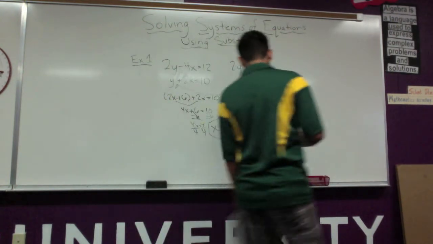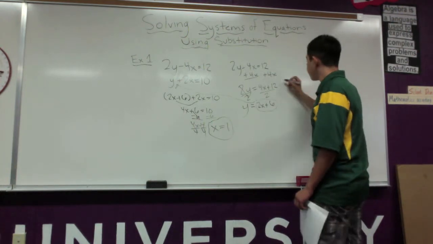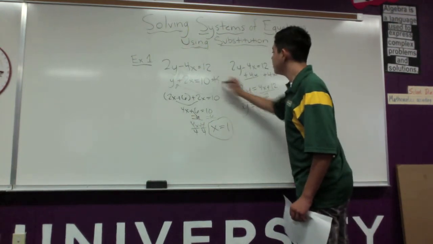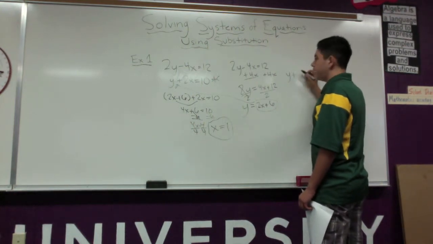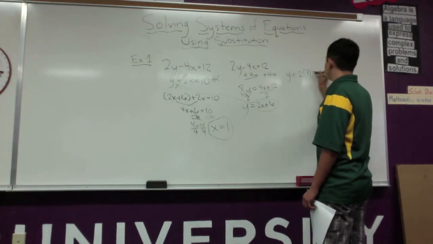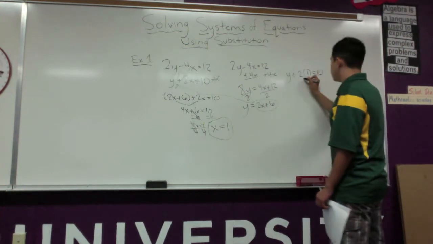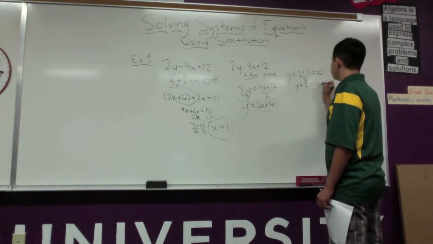Now the last step is to find y. What we can do is plug it into this equation because it's easier, it's already made for you. So y plus 2 times x, which is 1, equals 10. So you multiply that, 2 plus y equals 10.